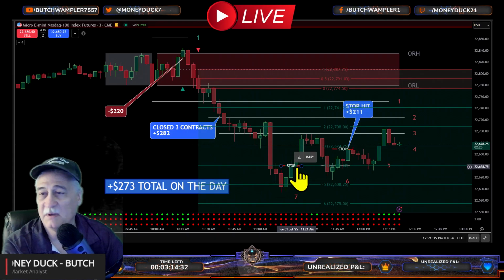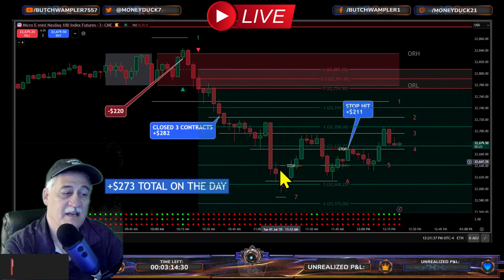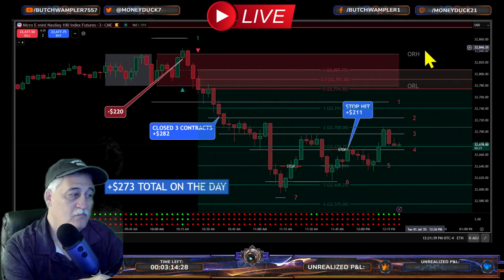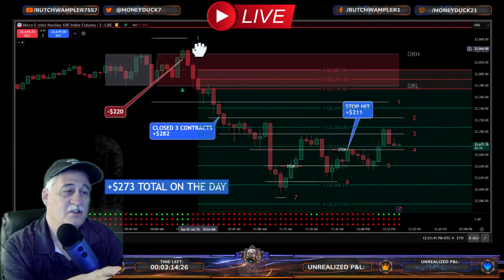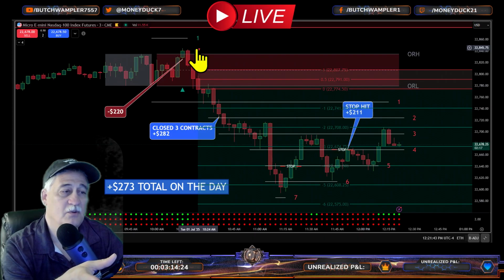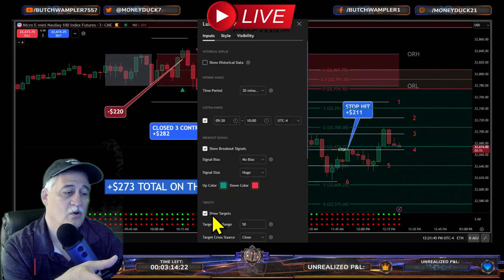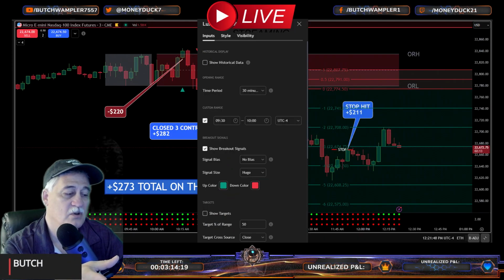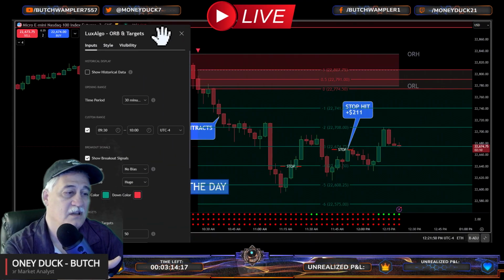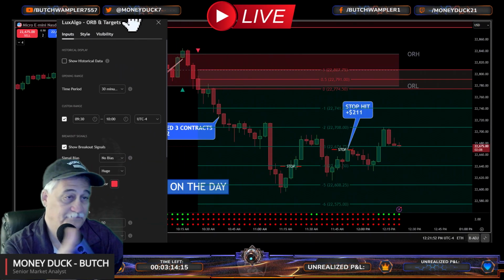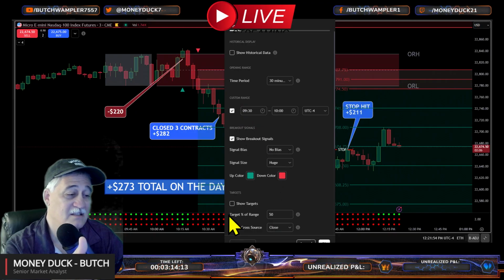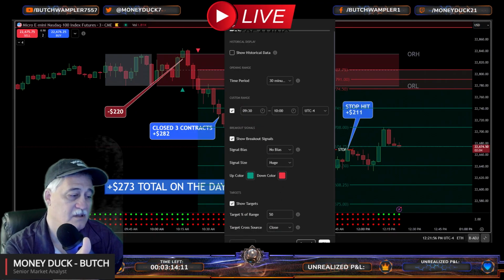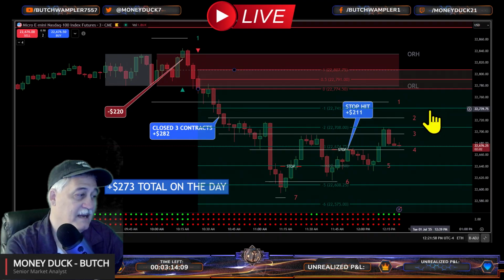Same stop placement at this level. Okay. So that's the difference in the two. You have to decide what you want to use. If you want to just use the ORB take profits, or you want to take those off and use the profit target tool, neither one's right or wrong. It's just going to be a personal preference. All right, so let me take this back off.